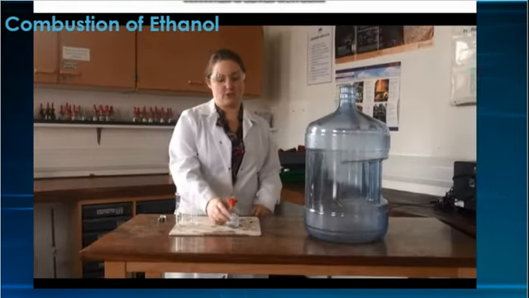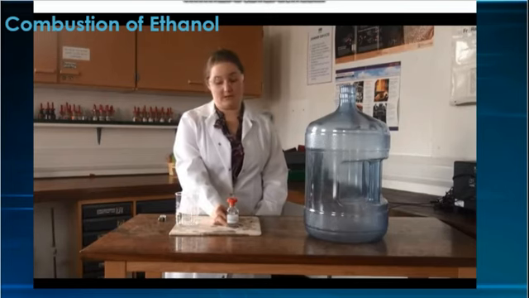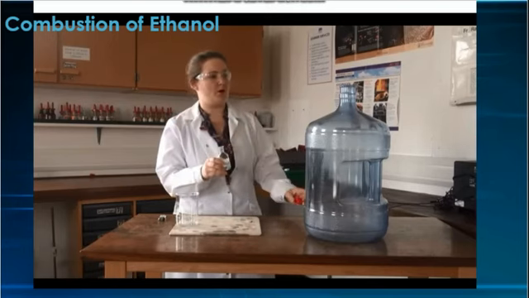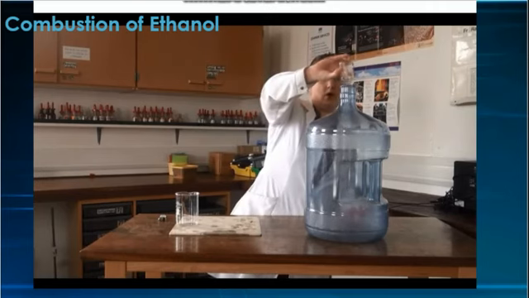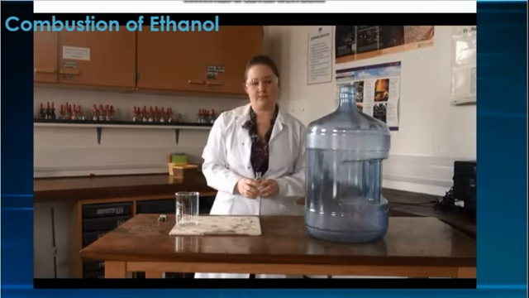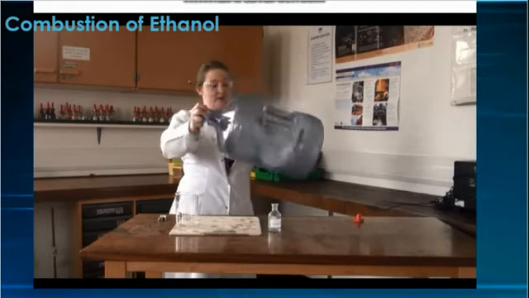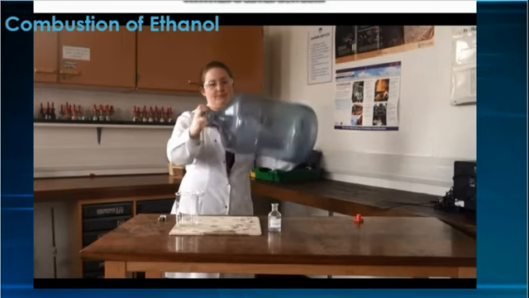Alright, the demonstration we're going to do today is to show the combustion of ethanol, a highly flammable liquid. Okay, so we're going to take our ethanol, we're going to pour all our ethanol into this large bottle here, and then we're going to shake the bottle around. What we're doing here is we're making ethanol vapour.